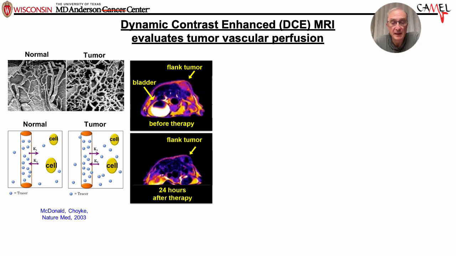So dynamic contrast enhanced, or DCE MRI, has been used to evaluate tumor vascular perfusion in preclinical models for over 2 decades, close to 3 decades now, and has also been used in the clinic, although to a much lesser extent. As we know, normal vasculature is well formed, while the vasculature within tumors is poorly formed, immature, and therefore is leaky.